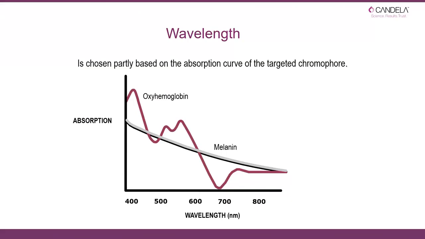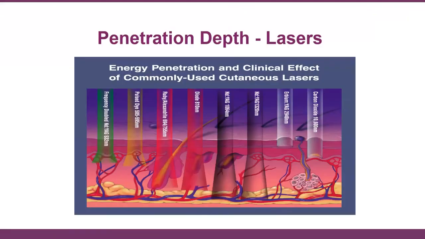So you can see at 400 nanometers, we have a very strong peak of absorption, and that comes down till we're in the 500 range. Then it goes back up again to the late 500s, and then gradually it starts to drop off again. When we're looking at a laser to treat a vascular condition, we need to think somewhere in these ranges is the area that we want, or the wavelengths that we want to be using.